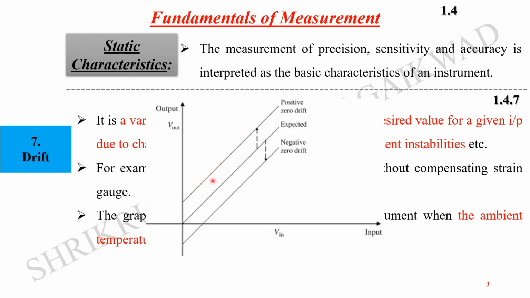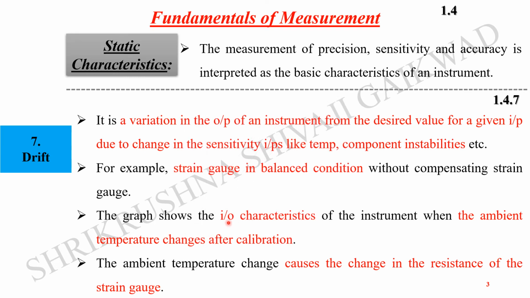It just gets shifted, though the nature of the curve remains the same, but it gives different values. This is something like a negative zero drift or a positive zero drift. This is coming because of the temperature.